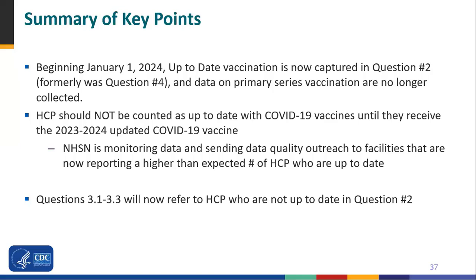And question 2 no longer pertains to primary series. This was removed from the forms and no longer collected. And questions 3.1 to 3.3 will now refer to healthcare personnel who are not up to date for question 2.